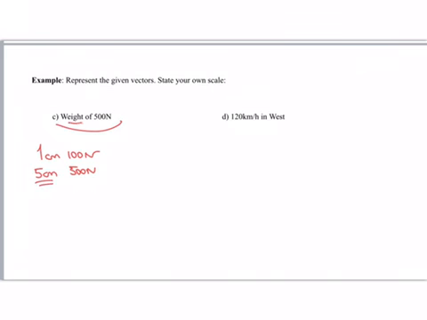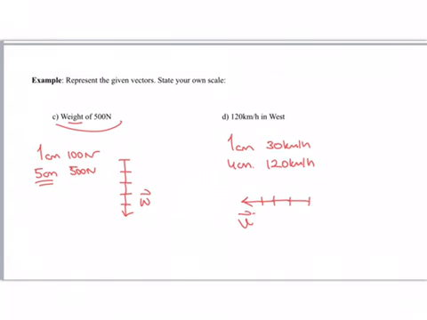The direction of weight is towards the center of the earth, so 1, 2, 3, 4, 5 centimeter weight vector. 120 km per hour in the west direction, so let's say 1 centimeter is equal to 30 km per hour, so 120 km per hour will be equal to 4 centimeters. So I draw a 4 centimeter vector in the direction of west.